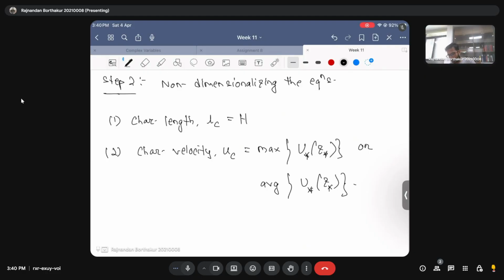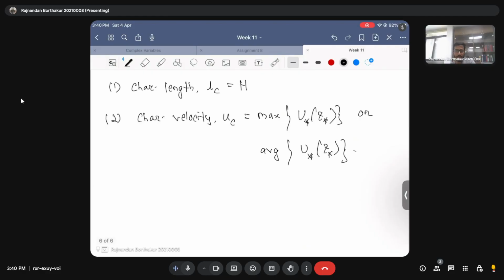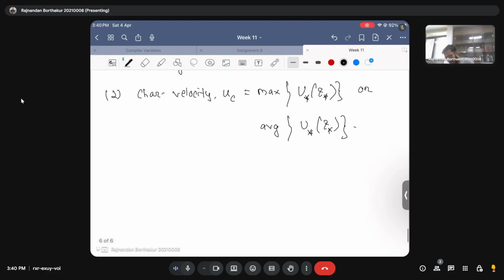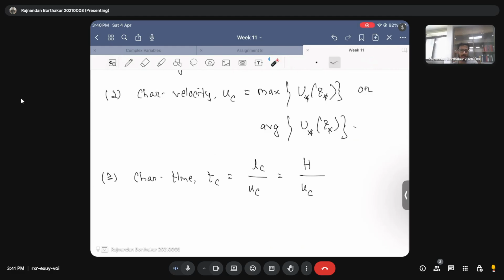Okay, so this becomes my characteristic velocity, and a couple of other characteristic variables also need to be determined. For instance, the characteristic time scale, which we call TC, is equal to the characteristic length scale divided by the characteristic velocity, so this becomes h by either max of uz or average of uz, where uz is the base flow profile.